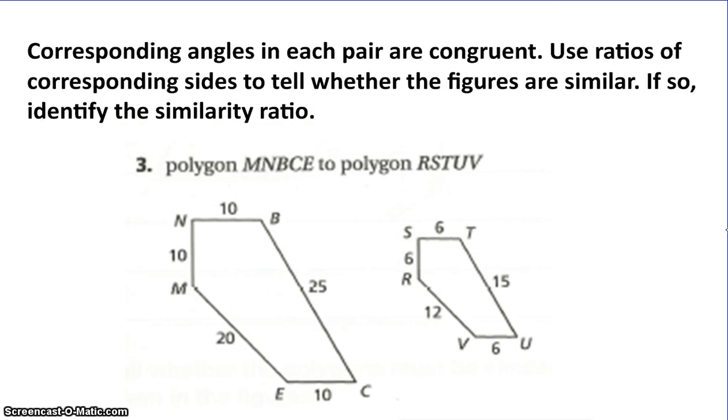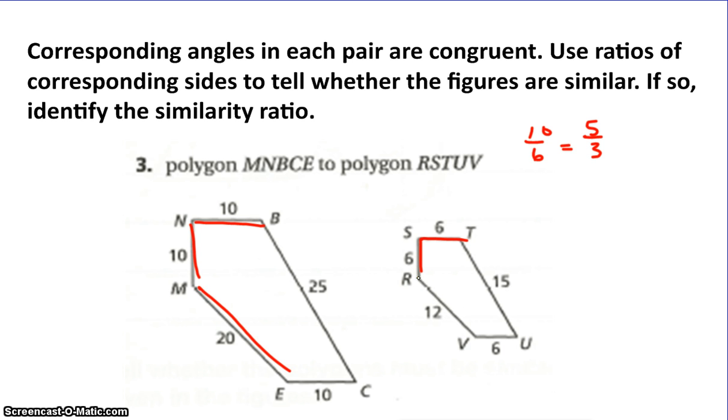Alright, so now I have these polygons. They are 5 sides, so a non-regular pentagon. So let's double check. I have NB and ST. So 10 over 6 is 5/3. MN and SR are the same numbers.